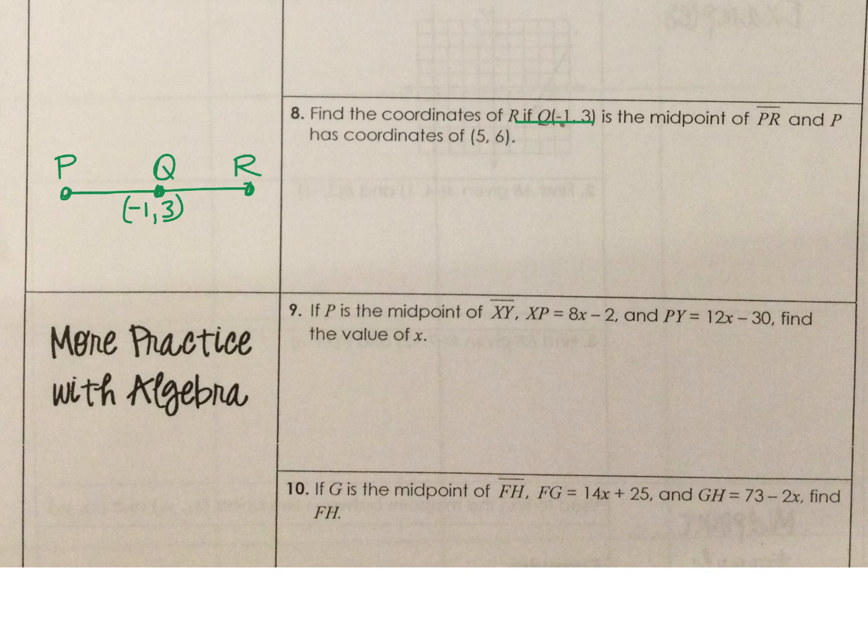And remember that that's going to be our answer. That's the middle. And P is 5, 6. That's X1, Y1. And R is X2, Y2. And we don't get any numbers for it, so that's just what we're going to have to call it. So now let's set this up.